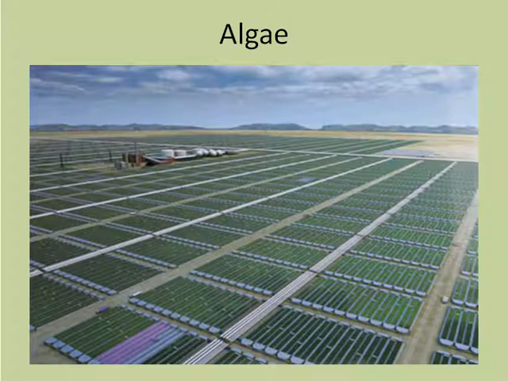is that biodiesel can also be produced from algae. Now we think about algae for a little while. What does algae need to grow? Algae needs water, and it needs nutrients in the form of nitrogen, phosphorus, and a few other micronutrients.